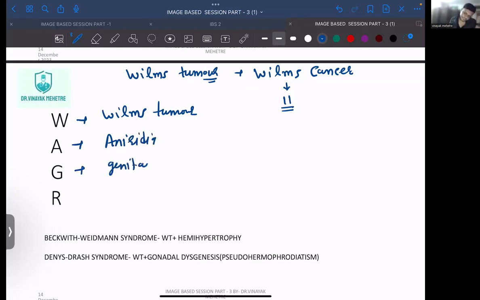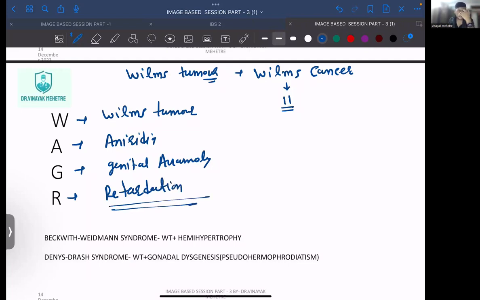Genital anomaly. And R stands for what? Retardation. That means mental retardation. And this is your WAGR syndrome. Okay, Wilms tumor, aniridia, genital anomaly, and retardation.